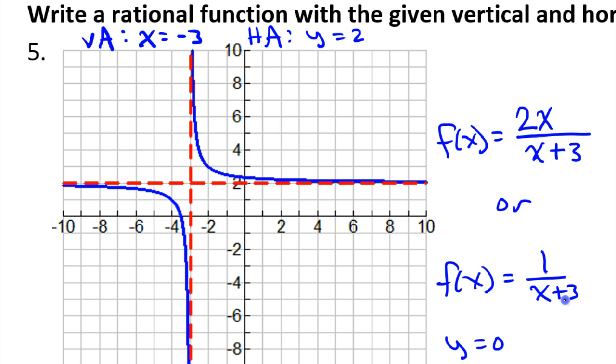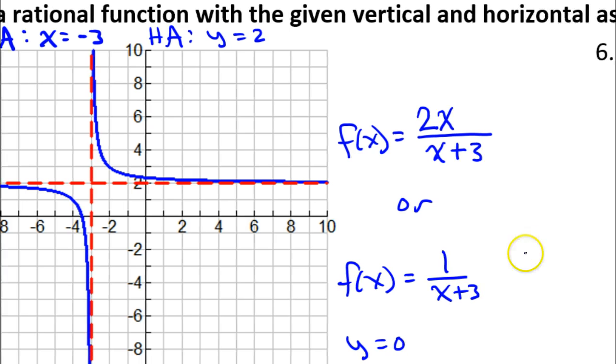I still have my vertical asymptote at -3. Now, if I want the horizontal asymptote to shift to 2 instead of 0, instead of changing the numerator like that, I could simply add 2 on the end of the function. That would shift the entire function up 2, and it would move the horizontal asymptote from 0 to 2.